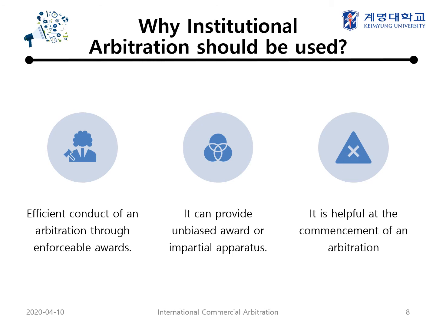or an impartial apparatus. In addition, institutional arbitration could help in the commencement of an arbitration since they have already established the formats, and with a proven record, it could save time for both parties in resolving the dispute.